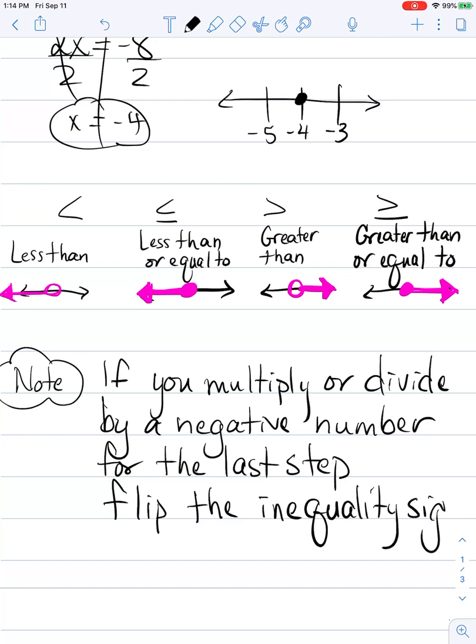And again, I'm just giving you some information before we actually do this. So one more time, if you multiply or divide by a negative number for the last step, then you want to flip the inequality sign.